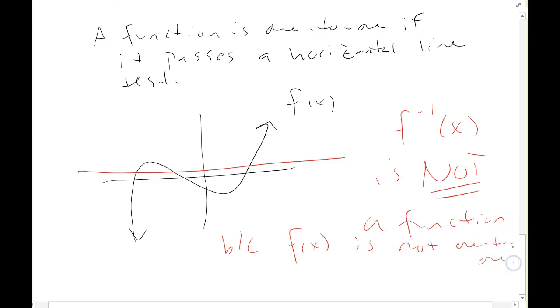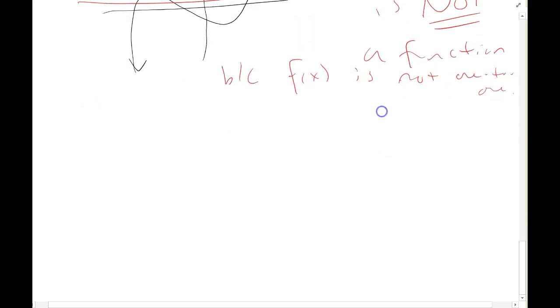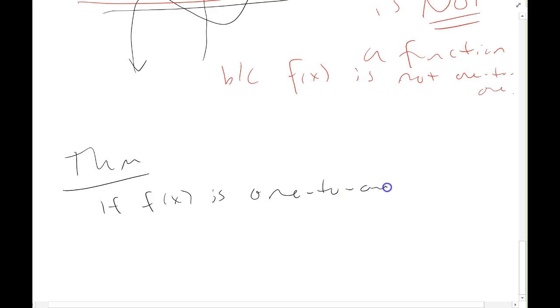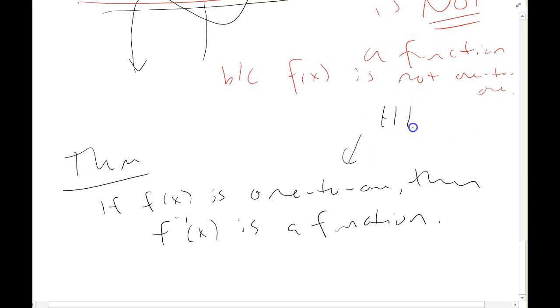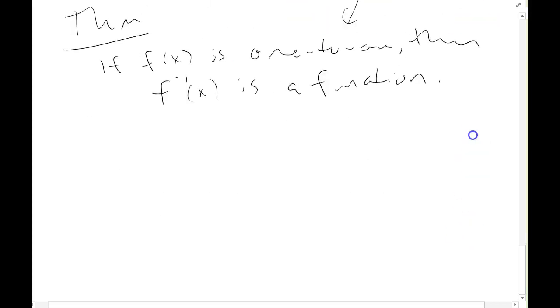And that's a theorem, so I should probably say that formally. If f of x is one-to-one, then f inverse is a function. And we can check that one-to-one-ness just by doing that horizontal line test, as I described above.